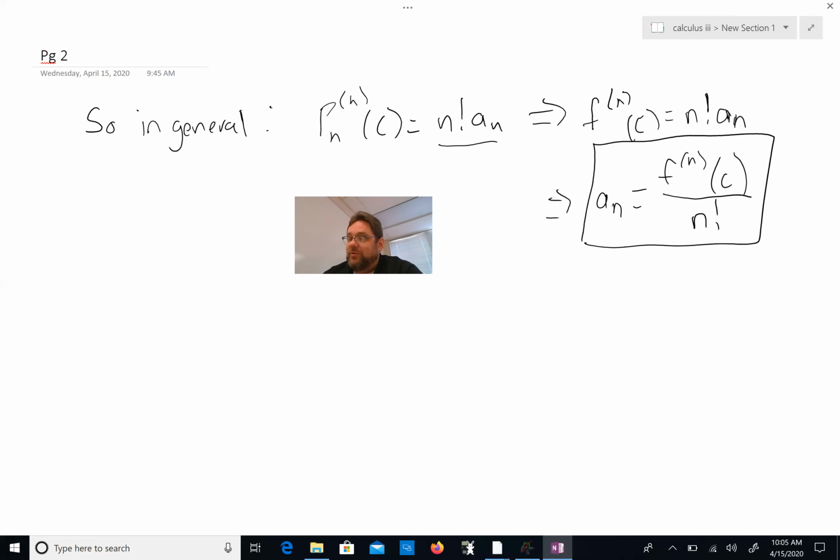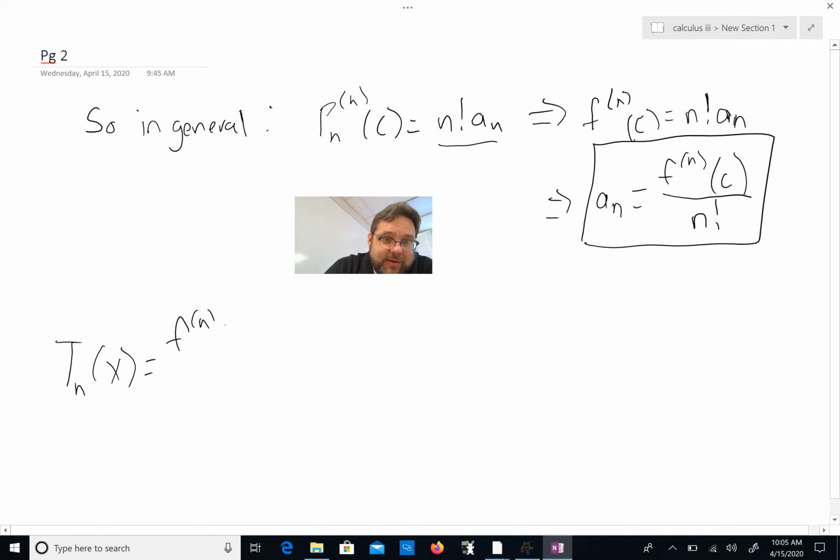So here's what that means. If we wanted to approximate it by a polynomial, then we'll call it T sub n of x, it is going to be f n of c divided by n factorial times x minus c to the n.